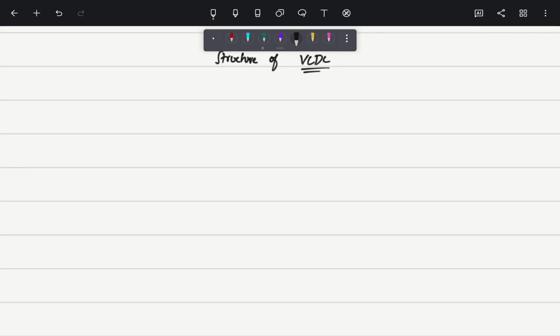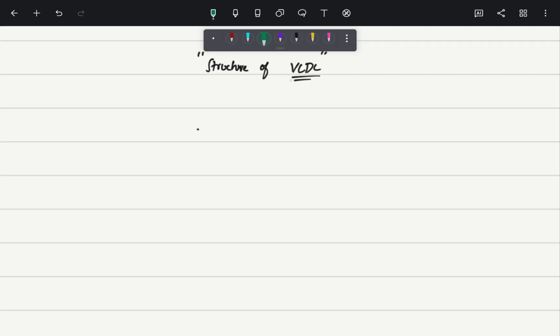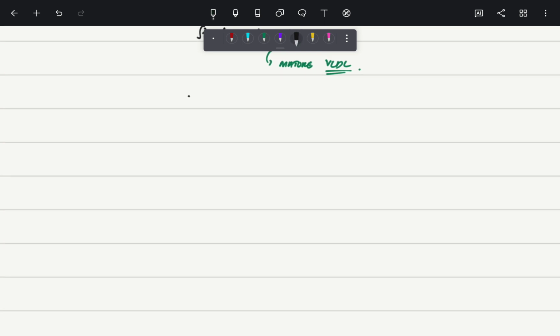When I'm talking about very low density lipoprotein, I'm going to talk about the mature form of VLDL. Inside the VLDL, the main lipid component is triacylglycerol.